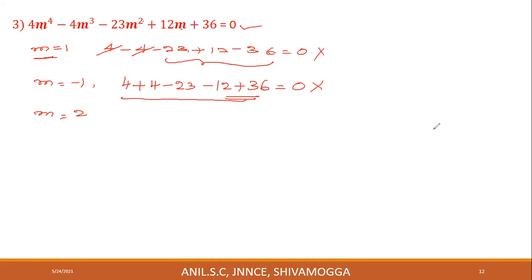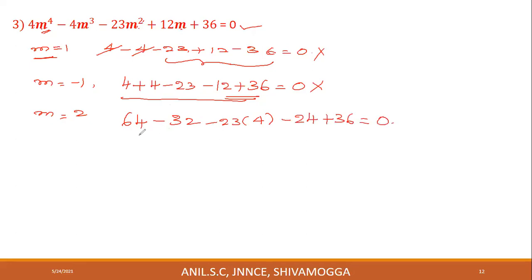M is equal to plus 2. Check it. When m is equal to plus 2, 2 power 4 is 2 into 2 into 2 into 2, that is 16. 16 into 4 is 64, minus 2 cube is 8, 8 into minus 4 is minus 32. 2 square is 4, 4 into minus 23. 12 into 2 is 24, plus 36 equal to 0.